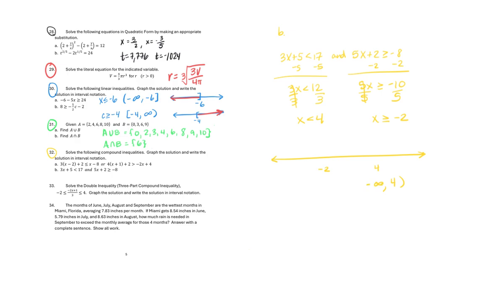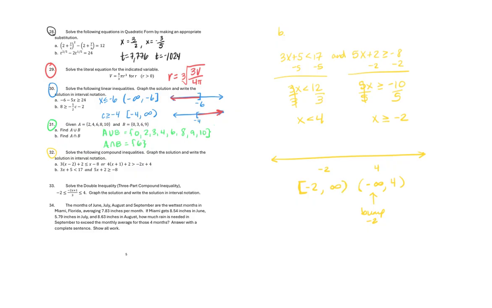However, once I'm heading in that direction, I am going to bump into negative 2. So I'm going to have to look at what happens after that. So I'll have the negative 2, and it's asking for anything greater than negative 2. So negative 2 is going to have a bracket, and it's going to have the negative 2 and anything greater than that. So it's going to head towards infinity.